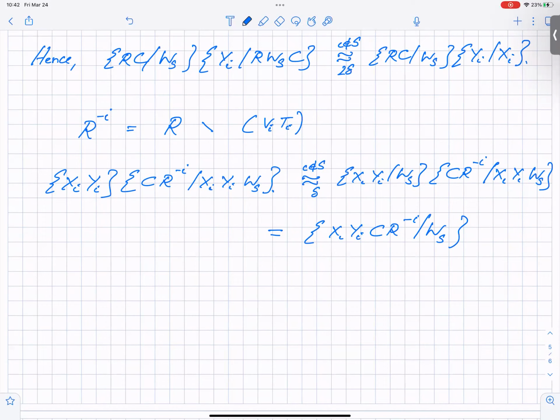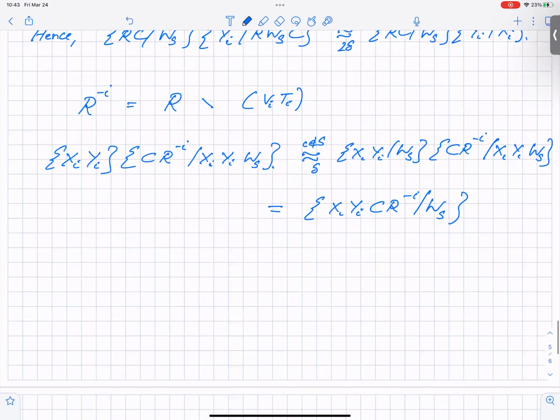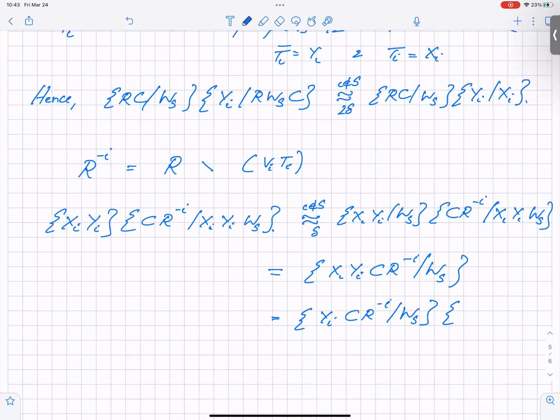Now, let's write this as Yi, C_{R minus i} generated according to Ws, and then this is where I'm going to apply the exchange condition. Xi conditioned on Ws.